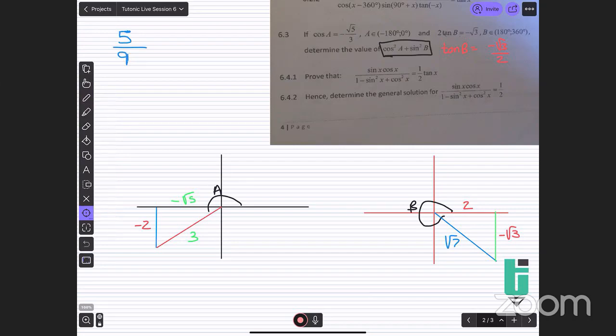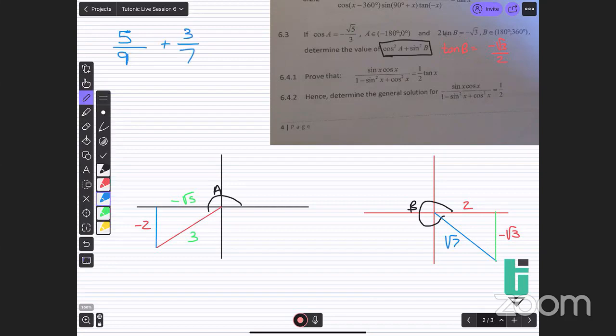Okay, and then sine B squared, what's sine of B going to be? Negative root 3 over root 7, squared. Yeah, 3 over 7, not negative. Okay.